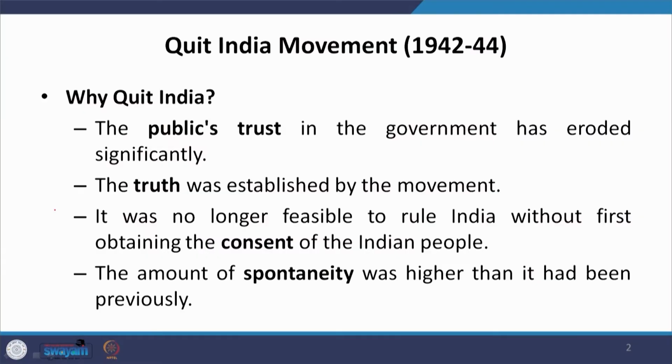When we talk about the Quit India movement that happened between 1942 and 1944, we need to ask why Quit India? What were the propellants? The public's trust in the government had dwindled, it had eroded significantly over time. The truth about the real aims of the Raj was being exposed in front of the people.